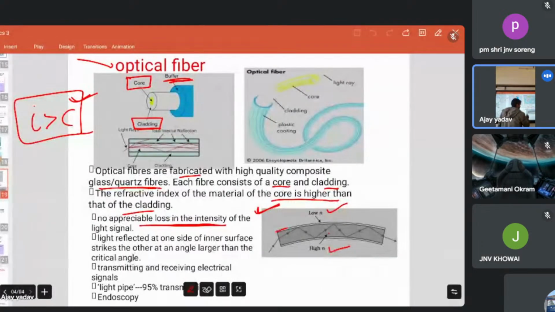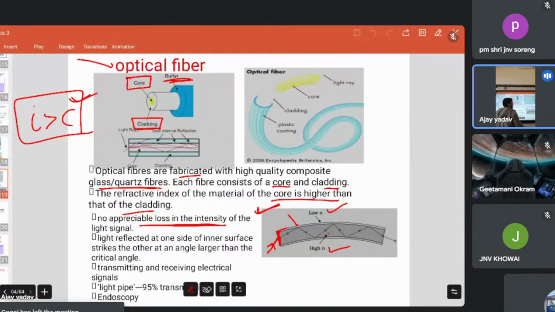From this left end, light is incident on this optical fiber pipe. A bundle of optical fibers is also called a light pipe. Here refraction will occur because outside is the rarer medium and inside is the denser medium. So refraction will occur and light will go into this optical fiber.